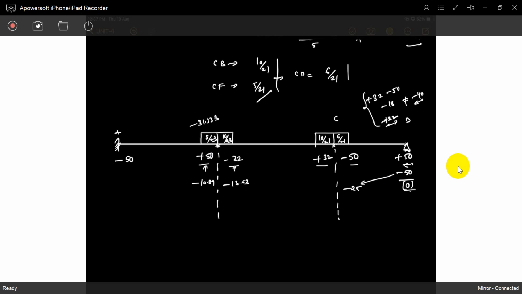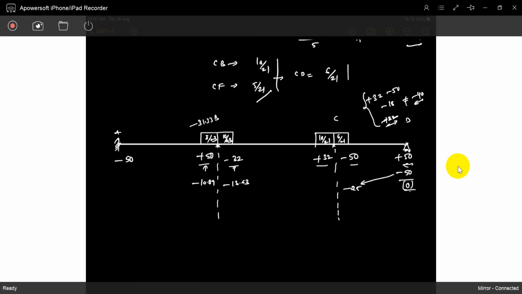So at joint C, the moment is minus 40, that is fixed. No need to calculate everything. That means CB, CD and CF combined will give only minus 40. Understood? So now you can observe it. Just see, it is plus 32, minus 50 and 0.